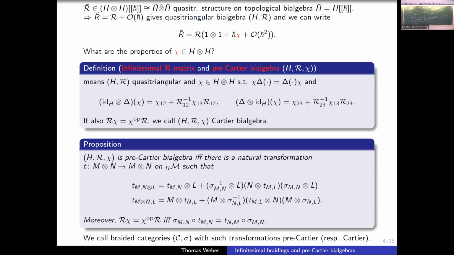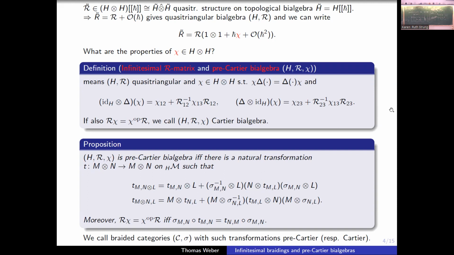So this is what we call an infinitesimal R matrix. And the triple H, R, and chi, we call a pre-Cartier bialgebra. So the definition boils down to this. You start with a quasi-triangular bialgebra, and you take an element chi in H tensor H, which has this commutativity with delta, and two extra properties that just say if I apply the coproduct to one of the legs of chi, I get two terms.